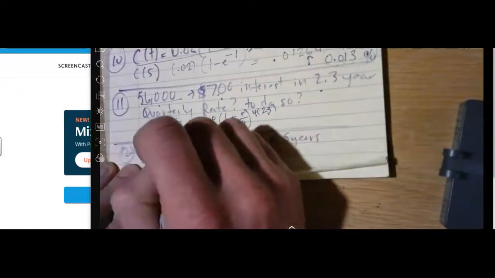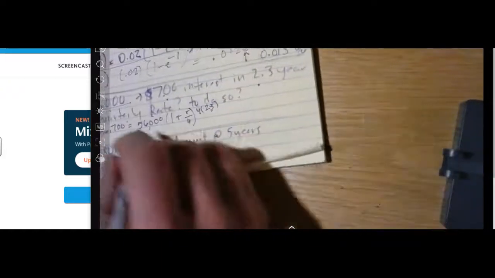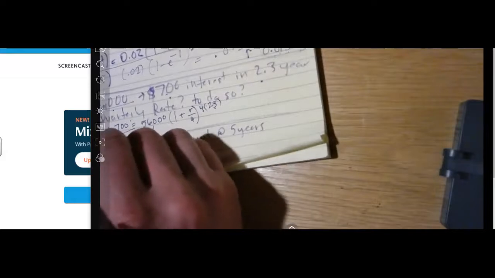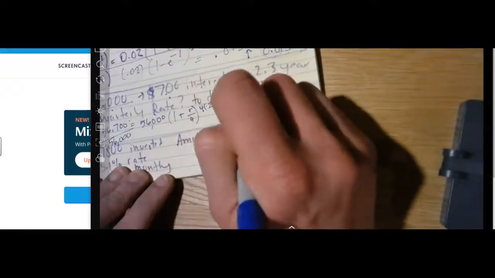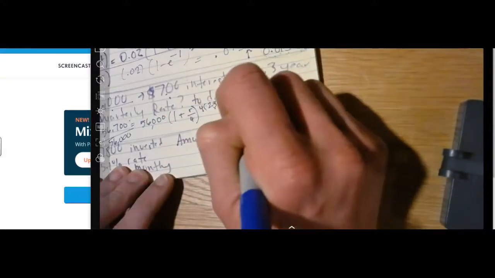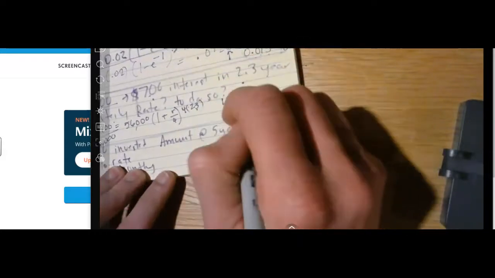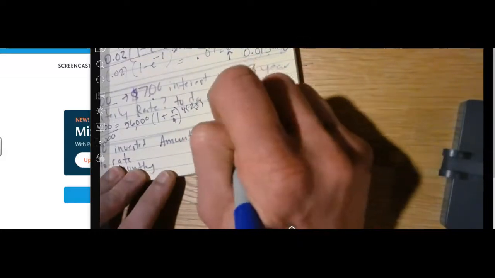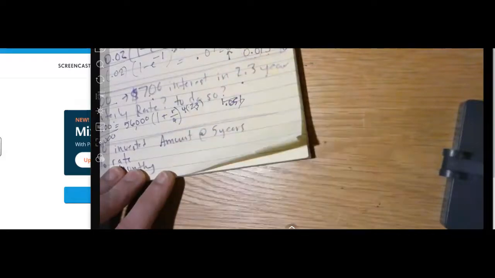So in this case, we divide that out, and so we'll have to divide both sides by 56,000. Sorry about that.